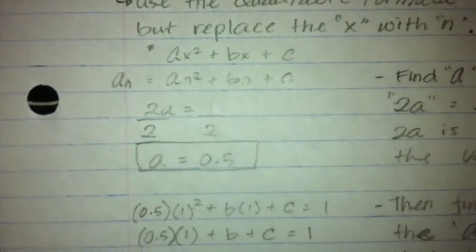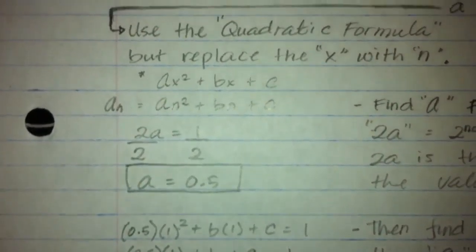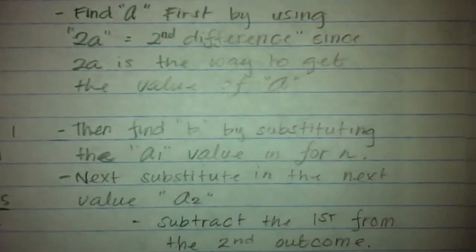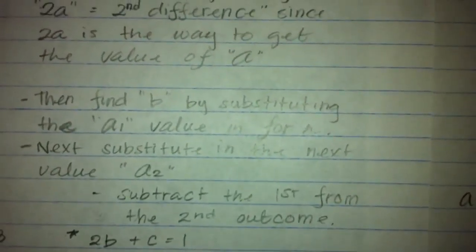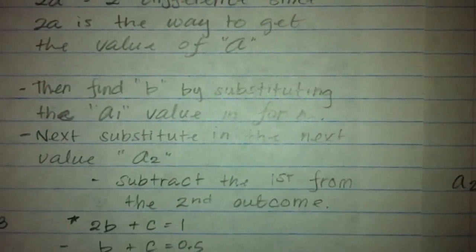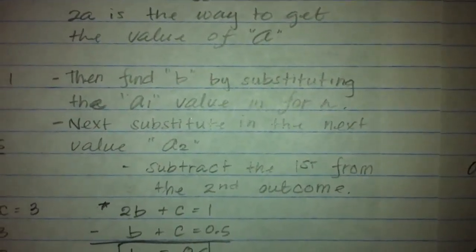So here you have 2a equals 1. Divide by 2 to isolate the a. You would have a equals 0.5. Then find the b by substituting the a1 value in for n. Next, substitute the next value, a2.